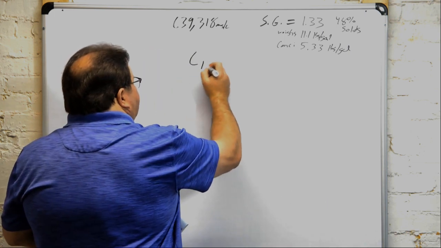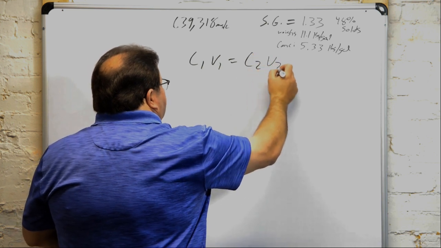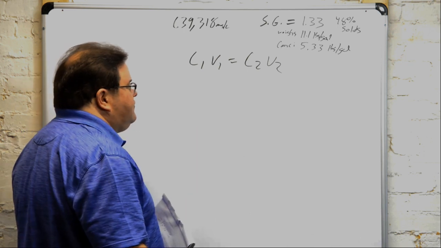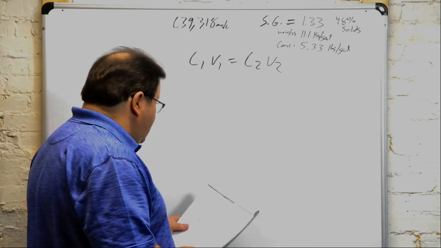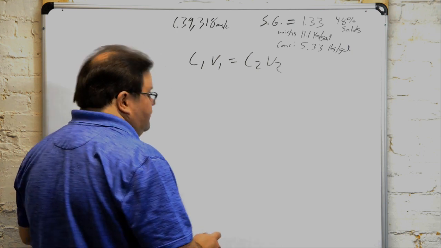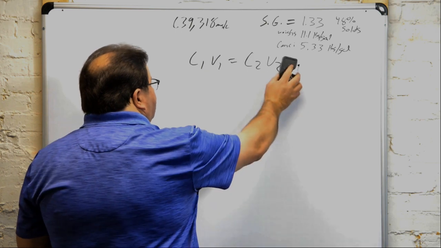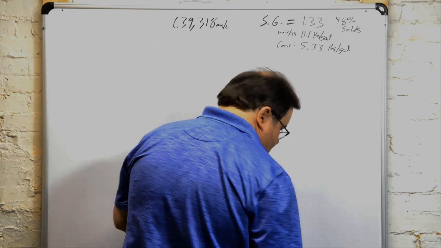If you want to see how it's actually written out the long way, it's just C1V1 equals C2V2. But we can also just go ahead and write it out, solving for V1 if we want to avoid doing the algebra on that.